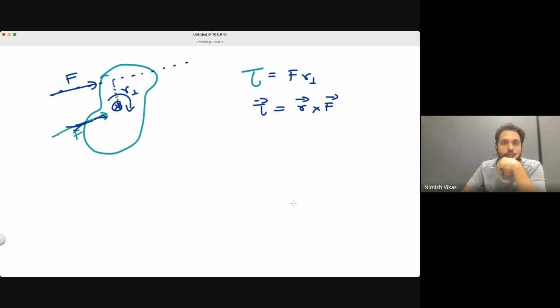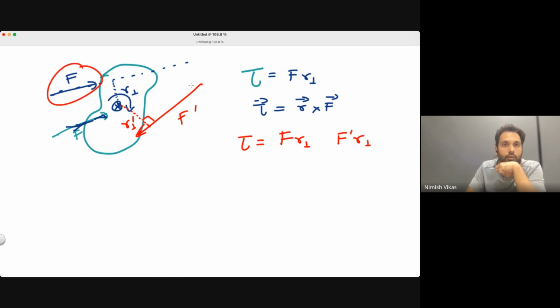So if there are 4, 5 forces acting, say there's another force F dash, you'll draw a perpendicular from there to the line of force. That will be r perpendicular dash, and it will also create a torque. So that torque will be how much? F dash into r perpendicular dash. Is it supporting F into r perpendicular? Are they in the same sense?